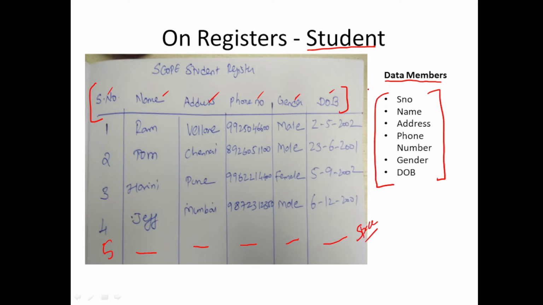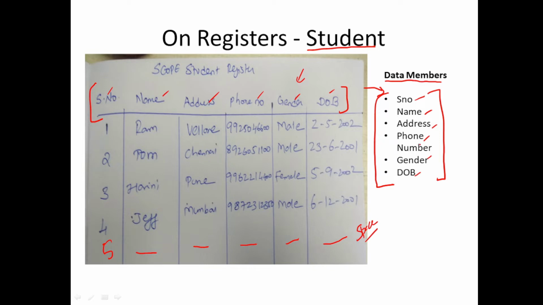So how did I arrive at this info? While creating my university management system, maybe I studied the system existing previously for that university. I went through the registers. I found that this is the data they are capturing. I understood the requirements, and then I understood that whenever I want to add the student info to my system, I should add serial number, name, address, phone number, gender, date of birth. From where have I acquired all these details?